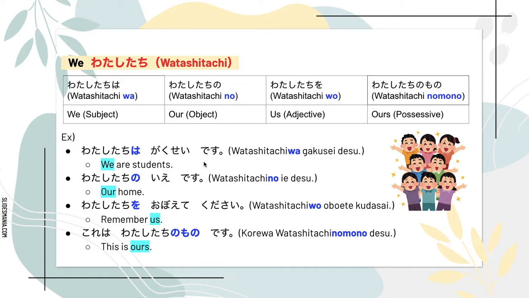So the example of subject sentence is we are students. We in Japanese was 私たちは. So the sentence will be 私たちは学生です。The next example would be for object sentence, which is our home.